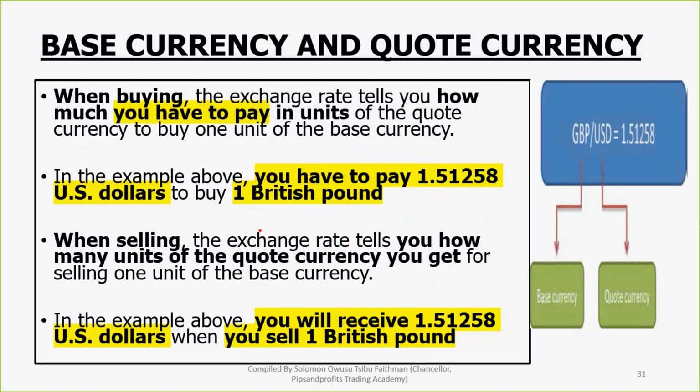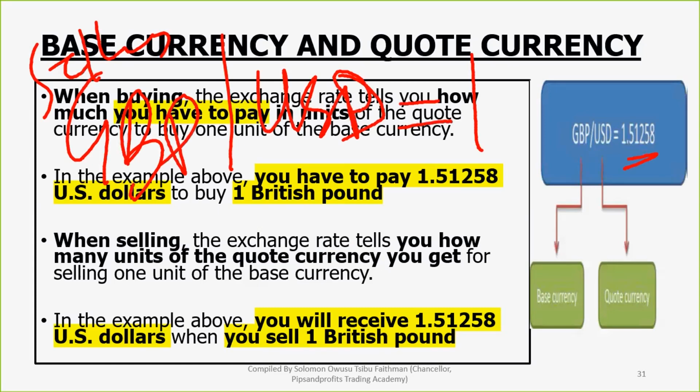As simple as that. Attention, when you are selling 1 unit of the base currency, so if you are selling GBP USD at this particular rate, now you are selling. So the exchange rate is going to tell you how many US dollars you are going to receive when you sell 1 Great British pound.